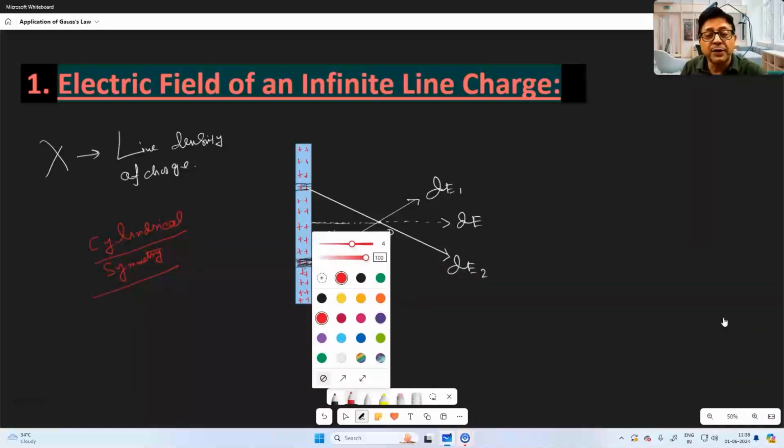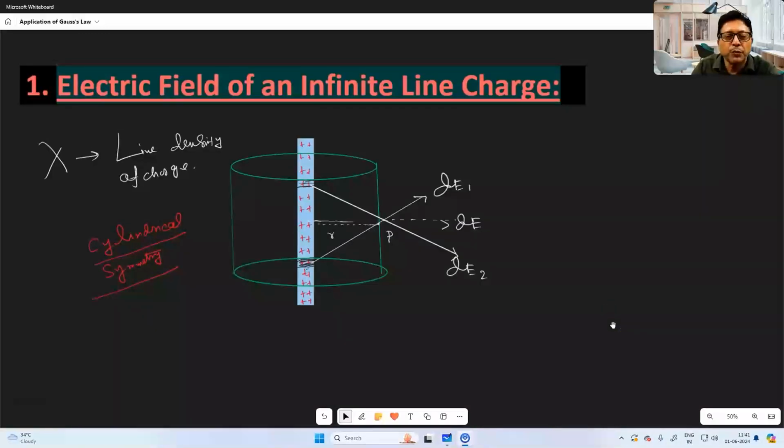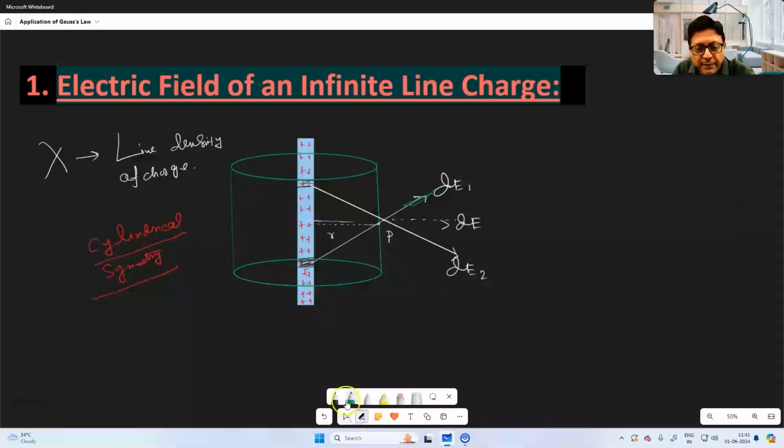So for that, we will be taking the Gaussian surface which will enclose the charge thread, and it will be symmetric. We have taken the Gaussian surface this manner, which is a cylinder. Because cylindrical symmetry is there, we will take the Gaussian surface through the point P, which is nothing but a cylinder.